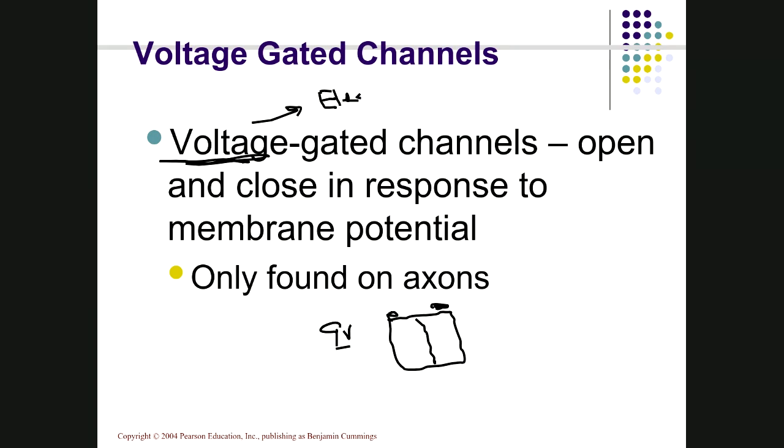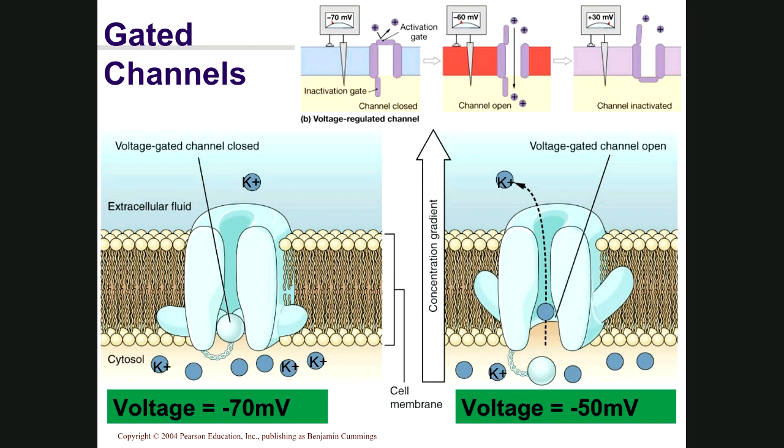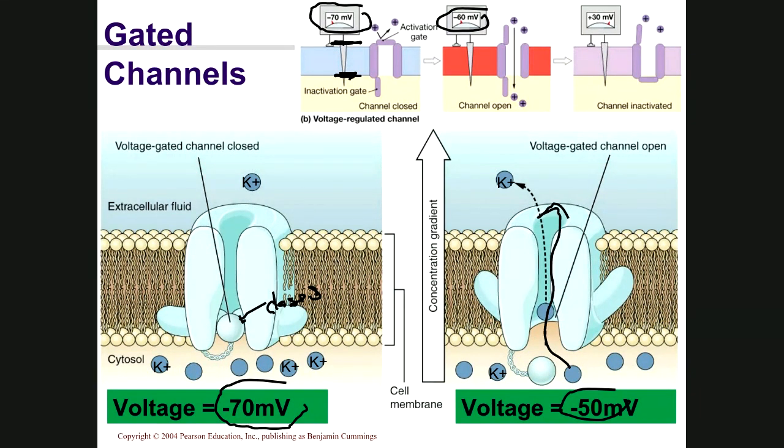So when we look at voltage-gated channels, there's a different voltage, different charge on the two sides. And look at this voltage, which is minus 70. This thing's closed. Look, it's plugged up. But if we change it to this, look, the channel opens. And when the channel opens, ions can flow.